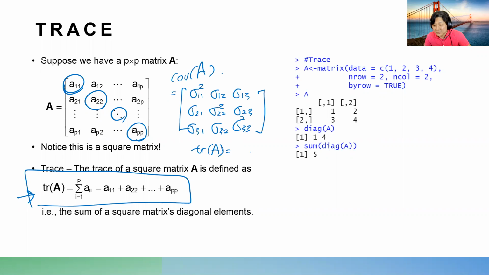This is the sum of variances, right? The sum of variances is the trace in the covariance matrix. So this variance and covariance information is really important in PCA or exploratory factor analysis. We'll talk more about that, but you need to understand this relationship.